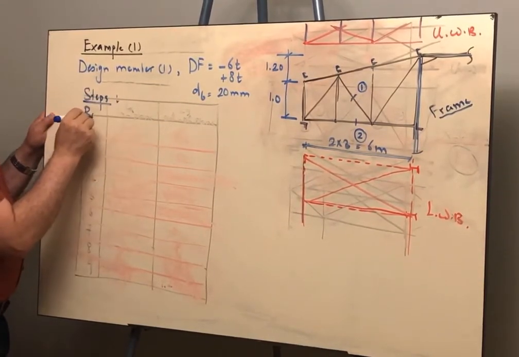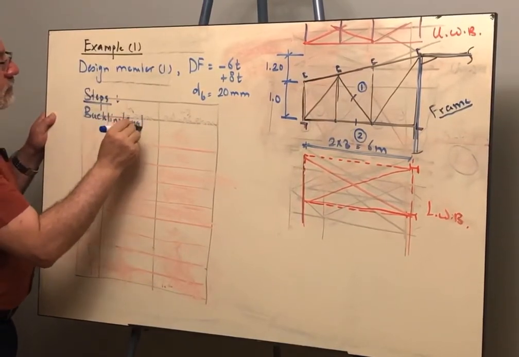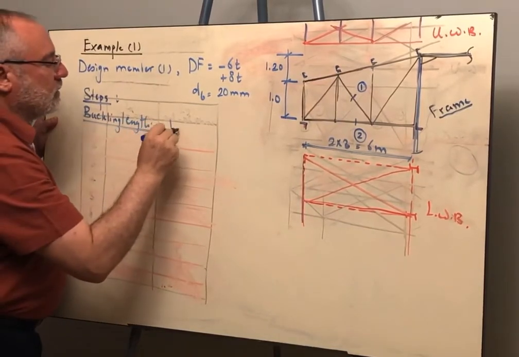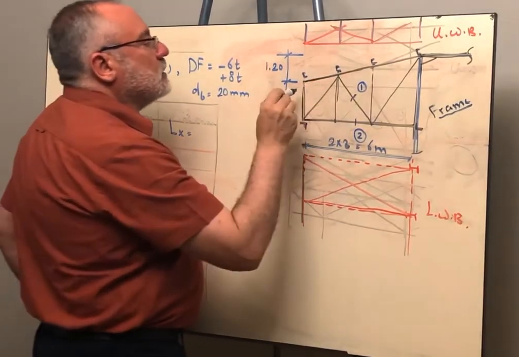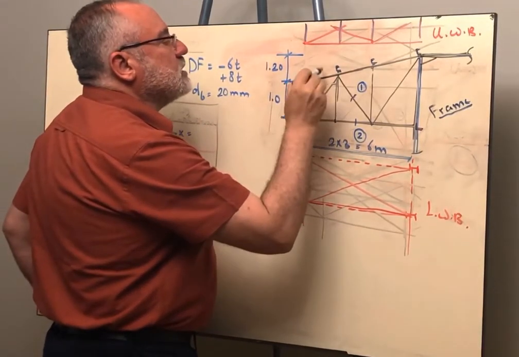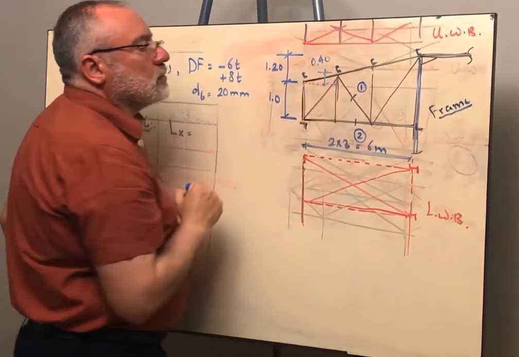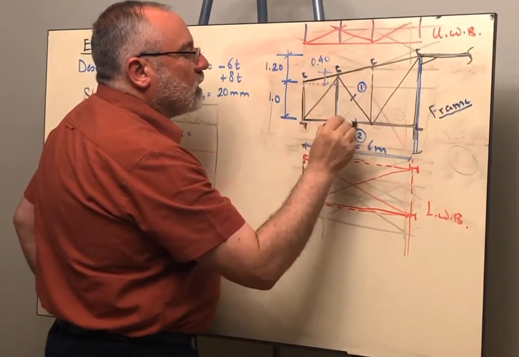First of all, we will determine the buckling length. In the in plane, as usual, it is the geometric length. So we are having this distance here is 0.4, from similarity. This is 1.4 and this is 2 meter.